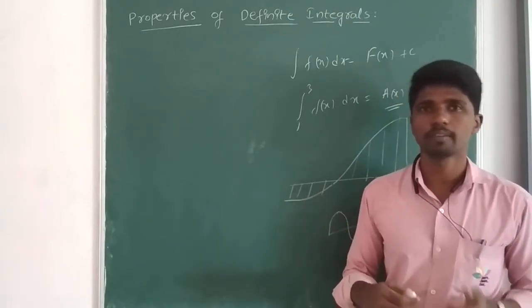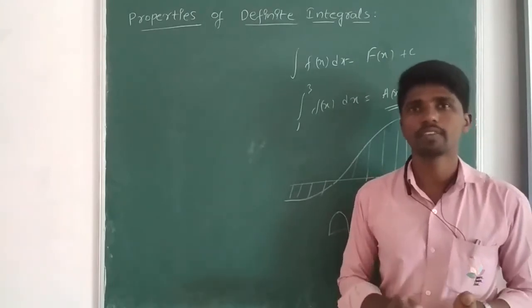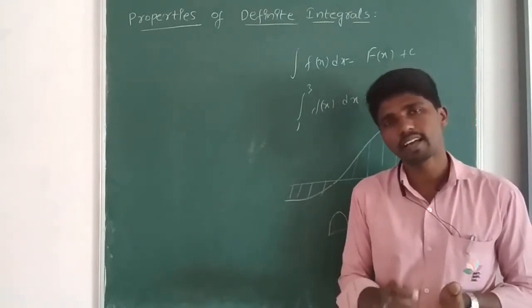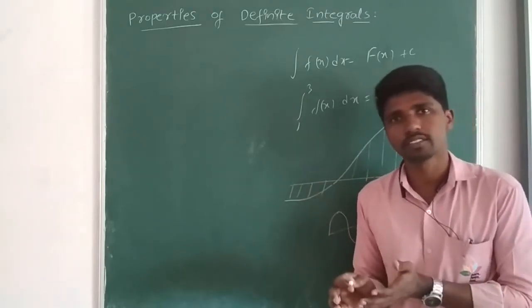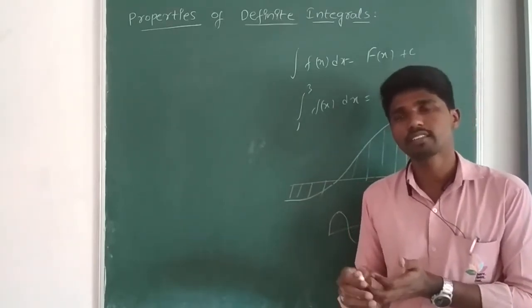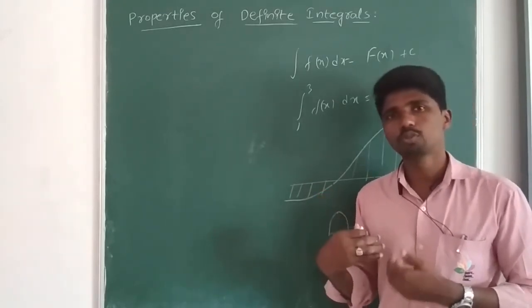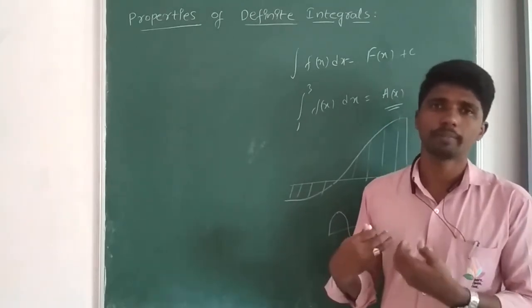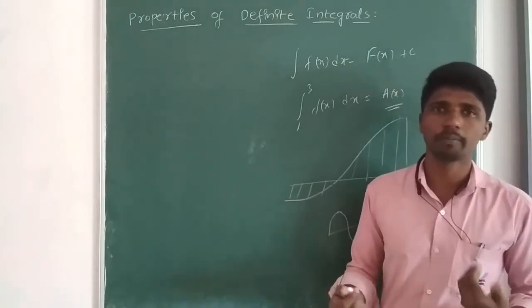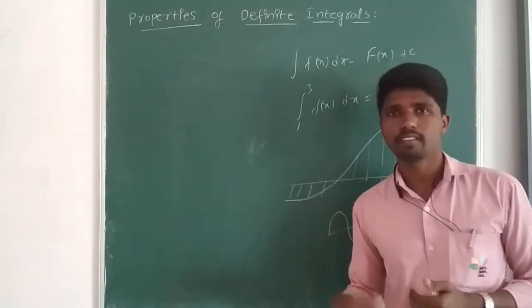This applies when the curve has simple discontinuities, as well as when the curve behaves in different ways. Sometimes it may lie entirely above the x-axis, and in that case we can directly evaluate, no issues. But whenever it comes to changeovers, sometimes it becomes positive, sometimes negative, and sometimes it increases rapidly or decreases rapidly.